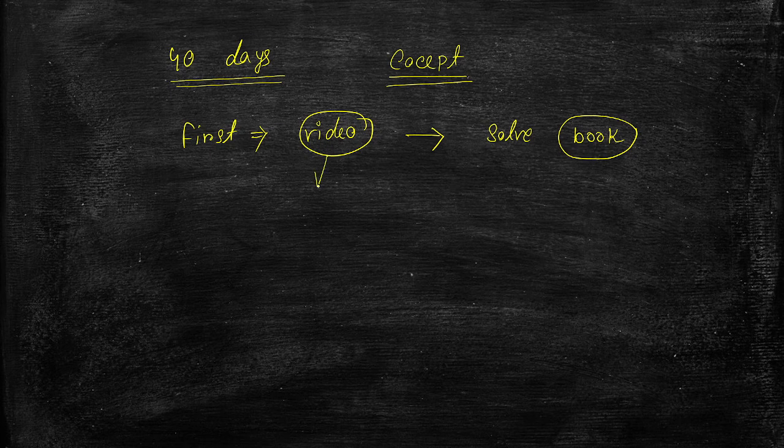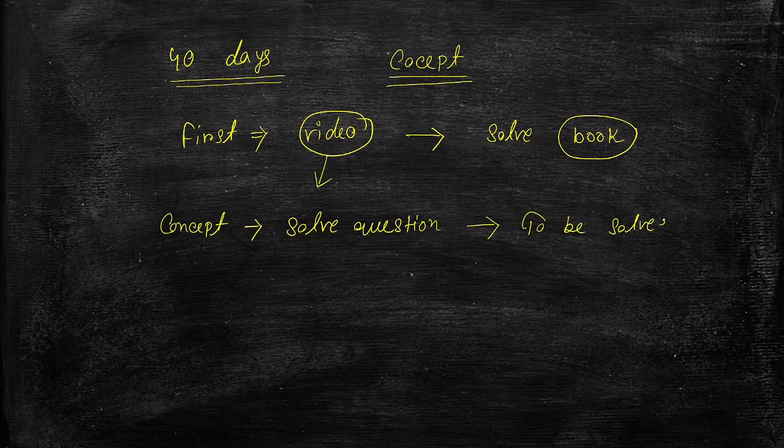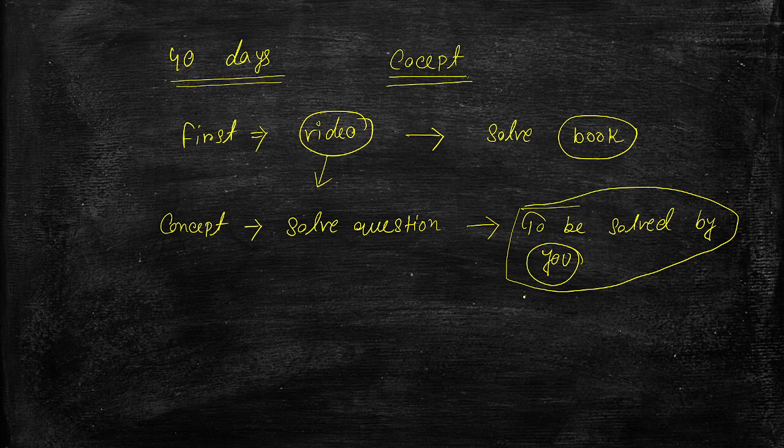Now how this video proceeds: I will explain a concept, then I will solve questions, and after that there will be a question you need to solve, and those questions you solve, you can make a PDF of it and send it to me. Simple. Okay, so let's get started.